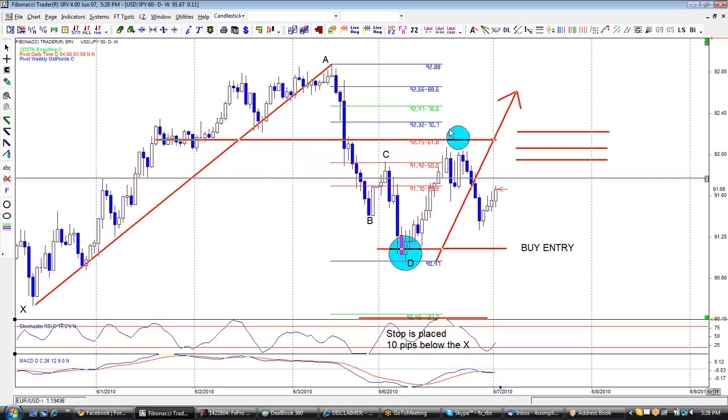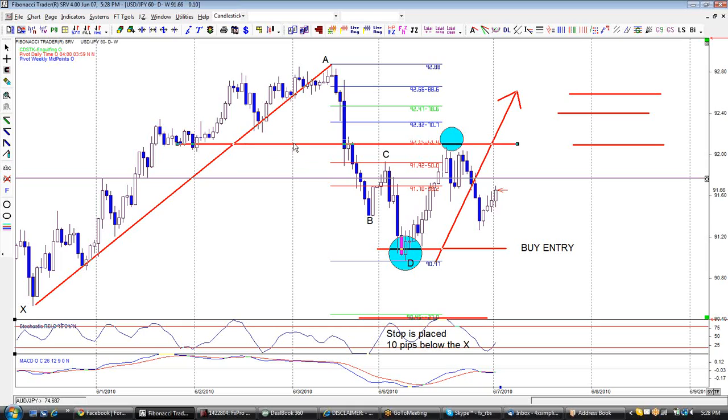Now we want to place our limit before those bears enter the market. Now we want to enter below this level of resistance that is being formed around the 92.05, 92.15 level.